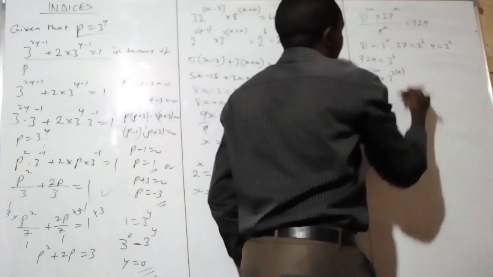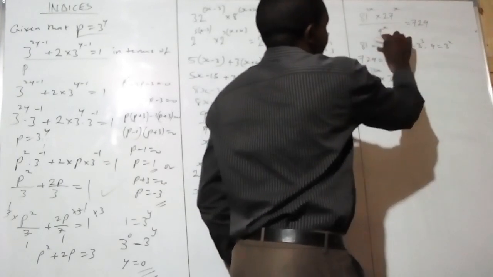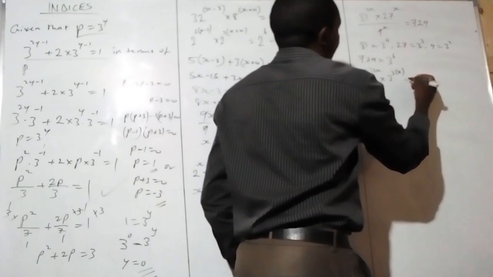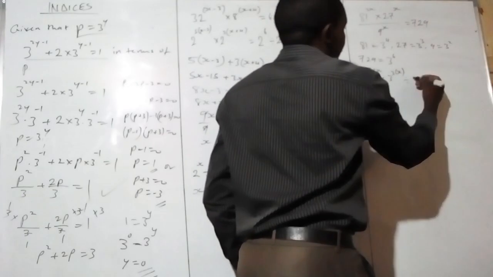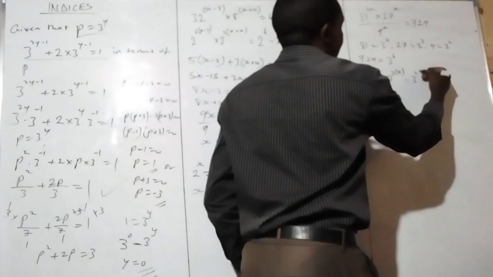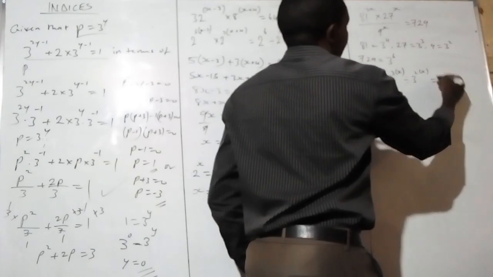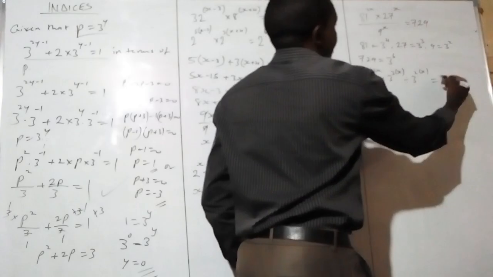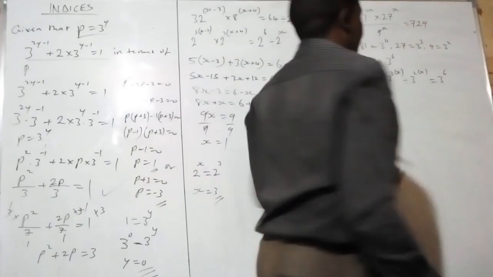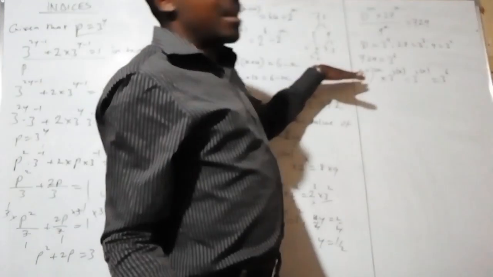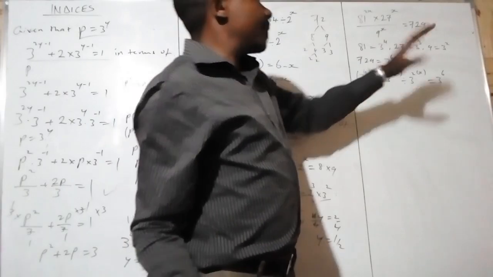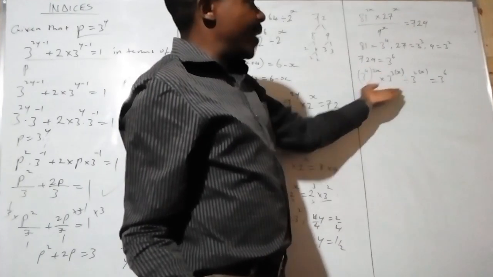Instead of writing 9x, you can say divide by, for 9, it's 3 squared, but we had x. Next, 729, it's 3 raised power 6. As simple. First of all, they should be in line to base 3, so that after that you can drop the bases because they are uniform.